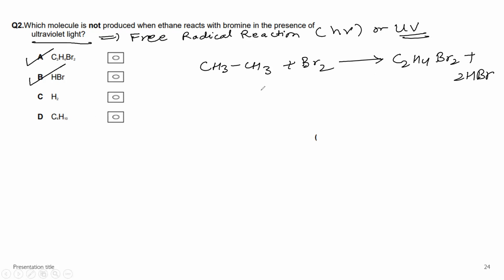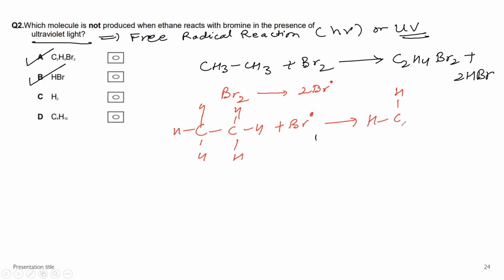Now, what will be the reaction mechanism? What would be the mechanism for this reaction? So, the very first step would be again initiation. Initiation means homolytic cleavage. So, 2 bromine radicals would be formed. Second step, we will take an ethane molecule, and the ethane molecule will react with bromine radical to form this molecule, basically ethyl radical.